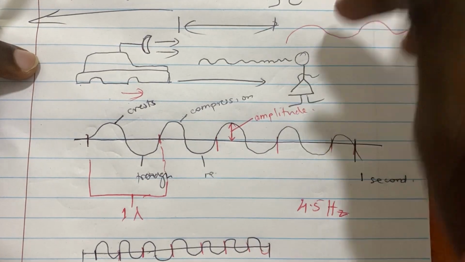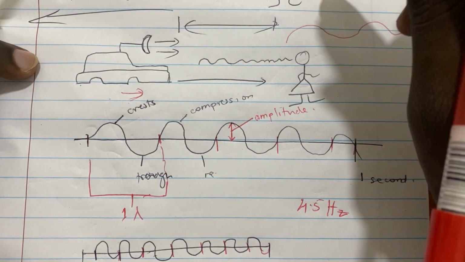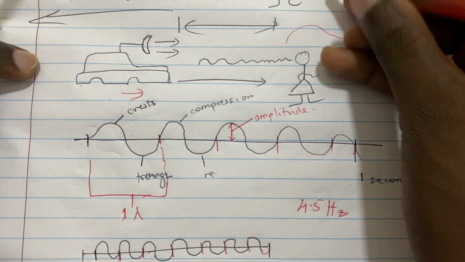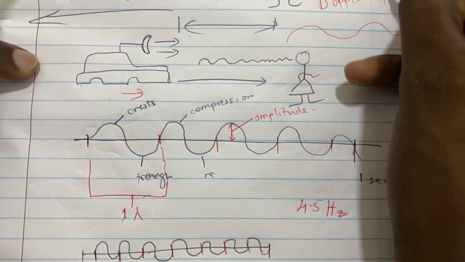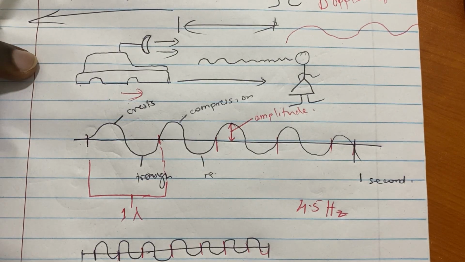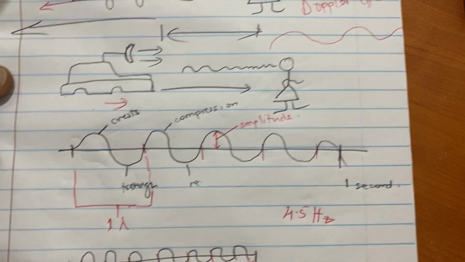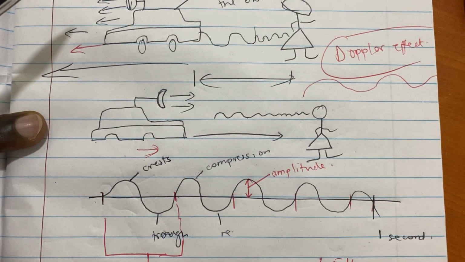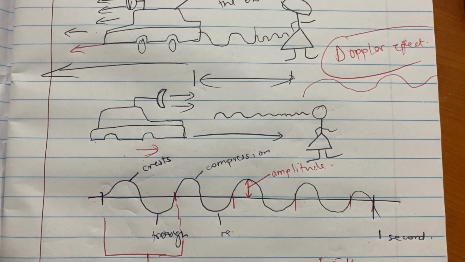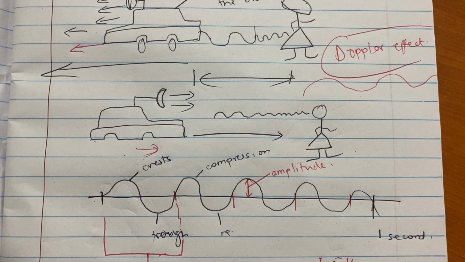This is what is happening, what we expected: the Doppler effect. Like someone observed, whenever a speeding car with a siren on is moving towards you, the pitch keeps on increasing.